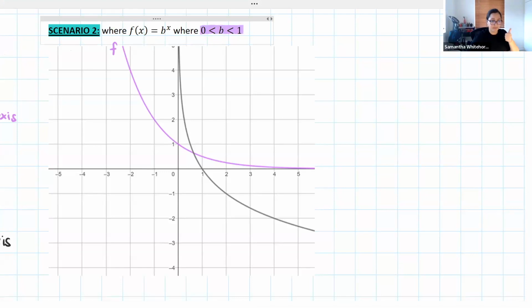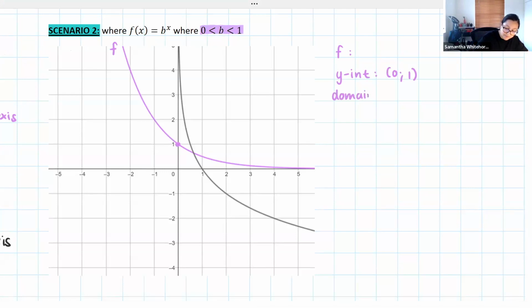Okay, so if we do all the same things for our f function, again, we can see where our y-intercept is. So our y-intercept is at 0, 1. We also calculated that earlier, so that's nothing new. We know our domain is x element real.